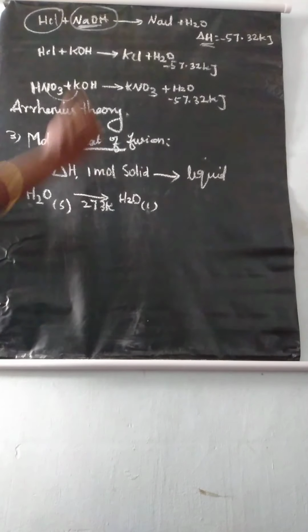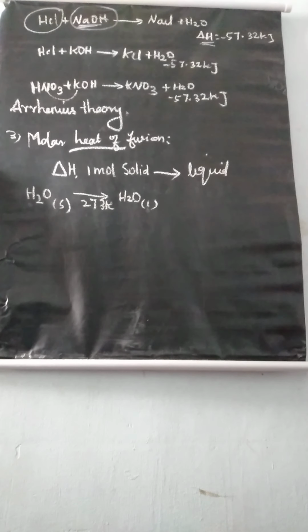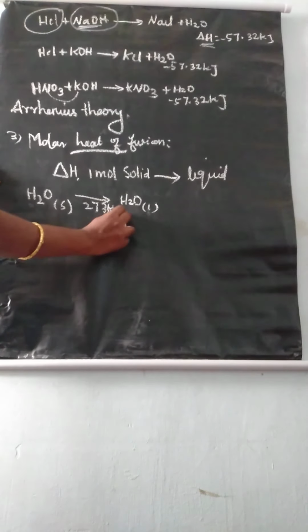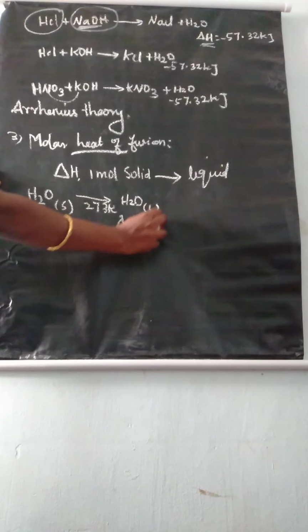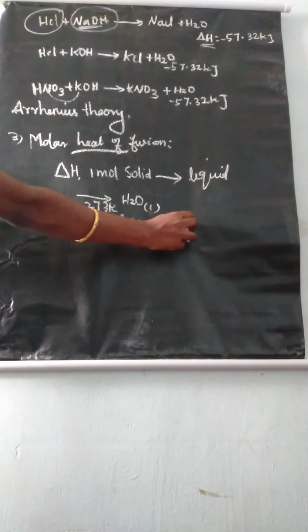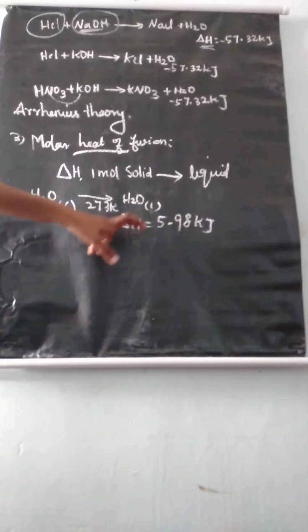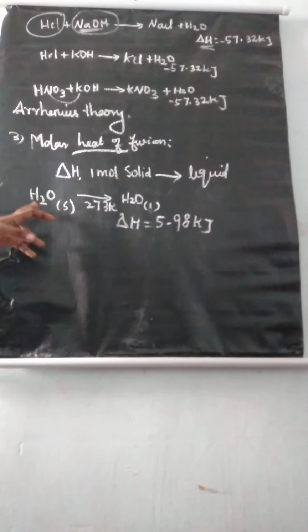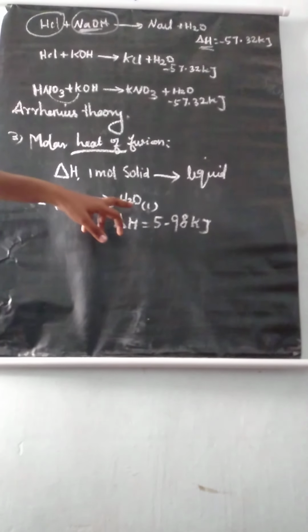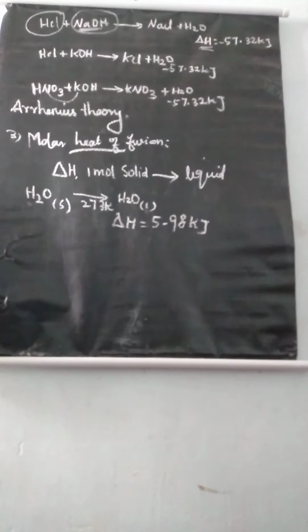So molar heat of fusion means change in enthalpy. Here the enthalpy value delta H is equal to 5.98 kilojoule.